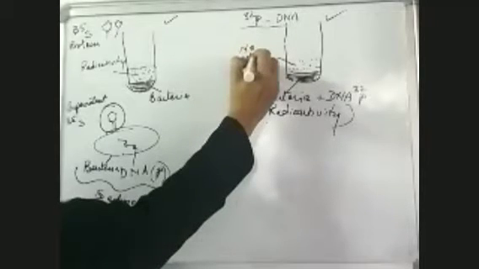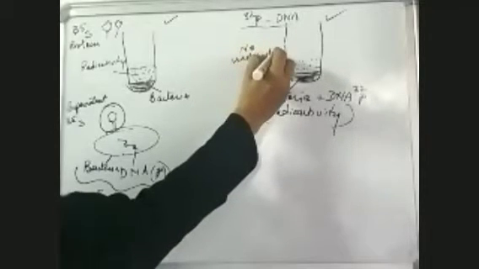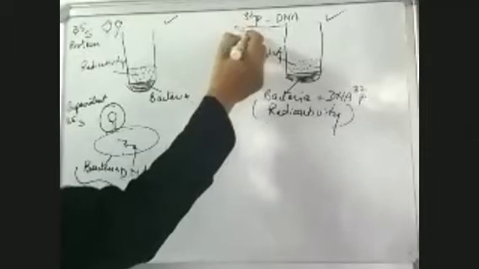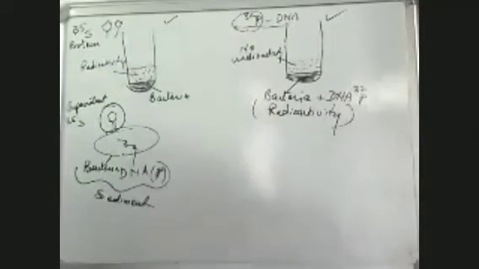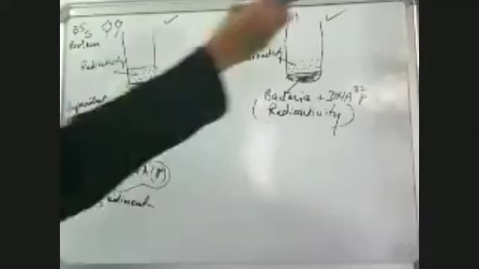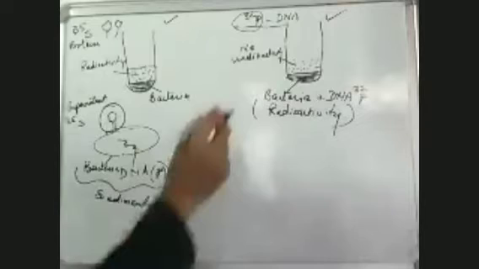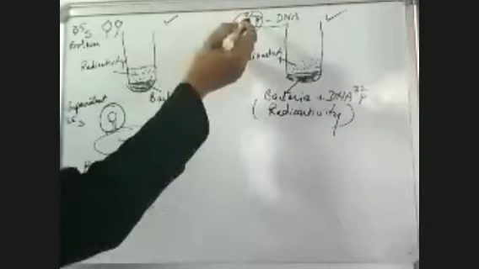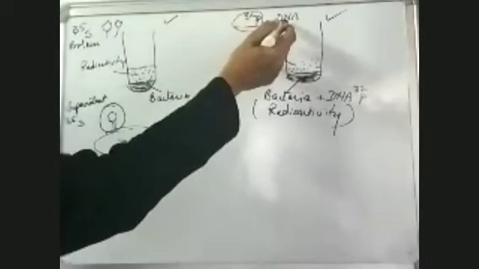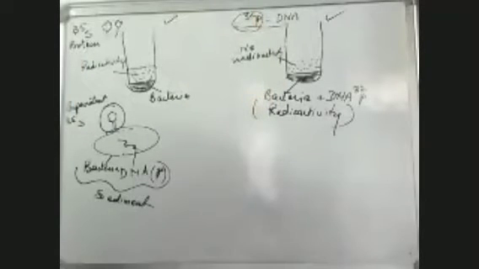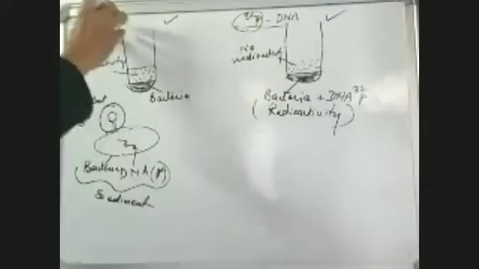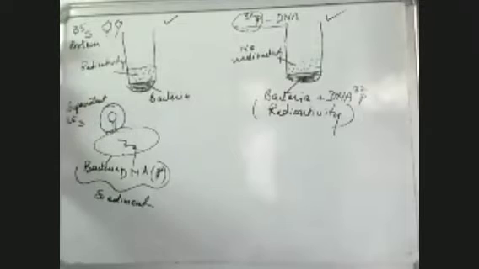Why no radioactivity? Because in this set of bacteriophages, the protein coat was not labeled. For this set, P32 was used, and this P32 labeled DNA, not the protein coat. Whereas this other set of bacteriophages was cultured in a medium of S35, and this S35 labeled the protein coat.